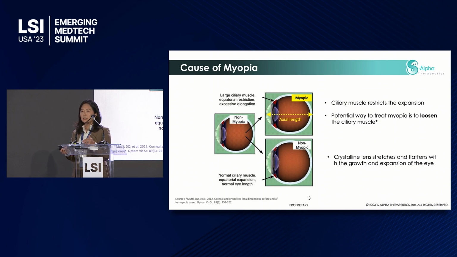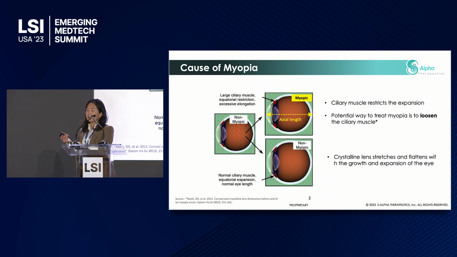The reason this increase of axial length happens is that the lens is surrounded by a muscle called the ciliary muscle. This muscle flexes and relaxes when you are focusing, looking far or looking close. For example, if a child is outside playing outdoors and looking at things moving around, the ciliary muscle will flex and contract and help them see things close and look around.